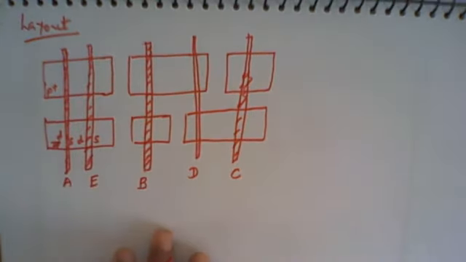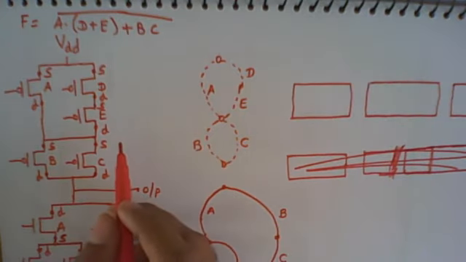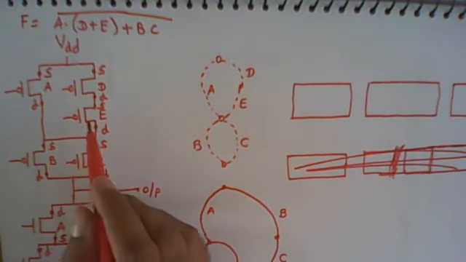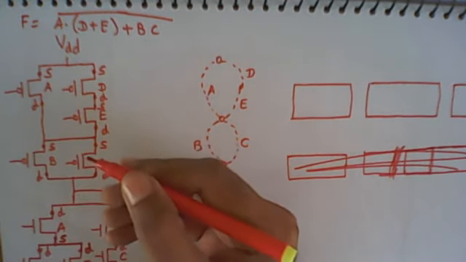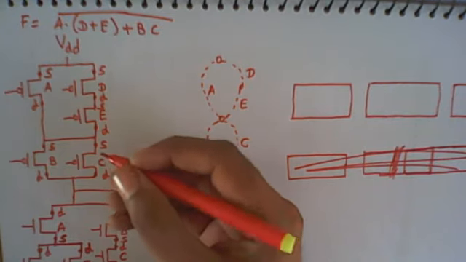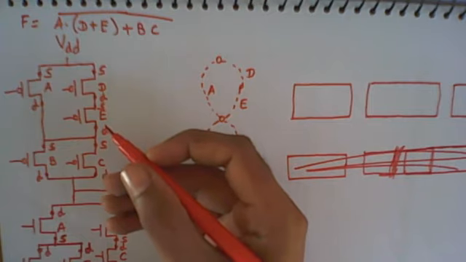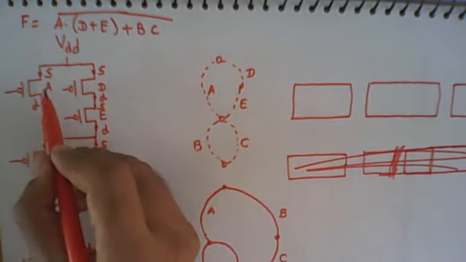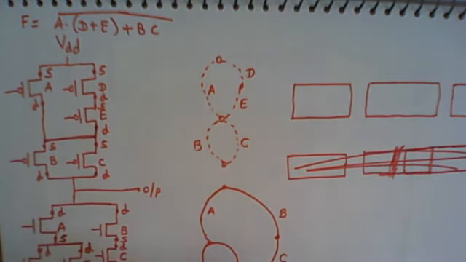Drain of A and source of A. Now for the P MOSFET, source of A, if you connect here the D, now drain of A and the drain of E, it is common.